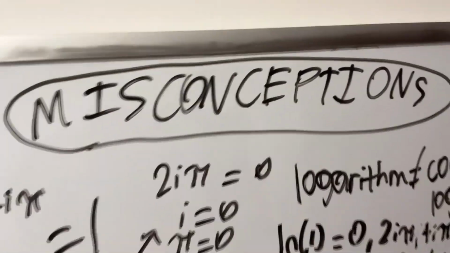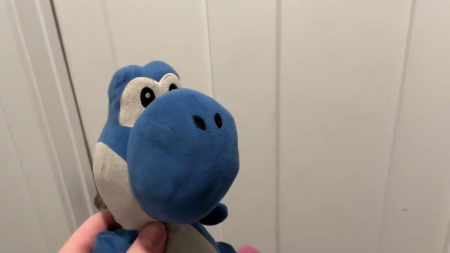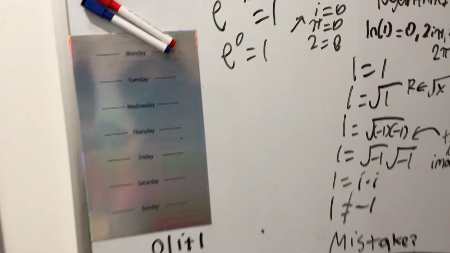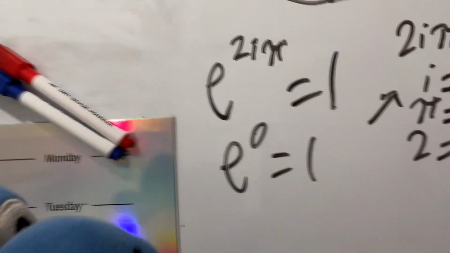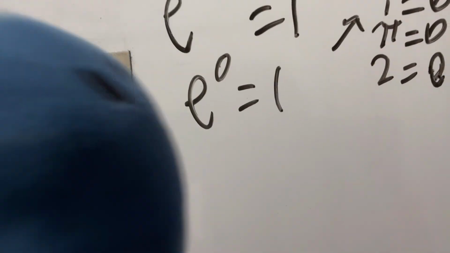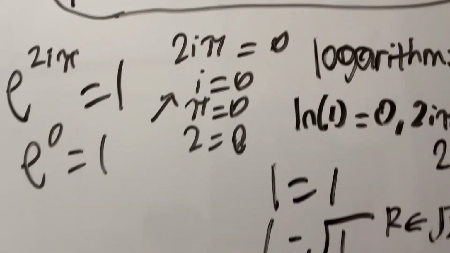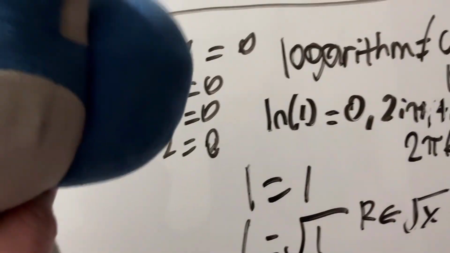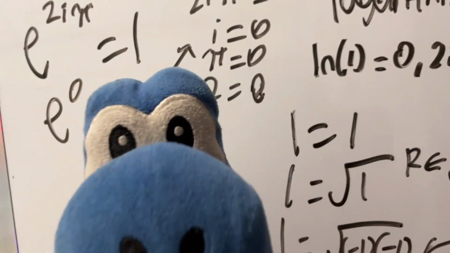Alright, now to end us all off, we're going to talk about some misconceptions. Like some people attempt to claim that the imaginary i sometimes results in contradiction. So first, here's one. e to the power of 2i pi equals 1, but e to the power of 0 equals 1? Shouldn't that mean these are both equal, and so each of these would have to equal 0?